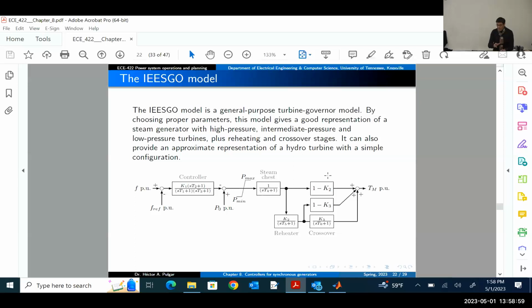It can fit very well the description of the steam turbine, tandem compound. But also, if you tweak the parameters, you can also describe a hydro turbine, with some approximation, of course. Hydro turbines are more complex, more nonlinear, and even though this model can give you some description, we will always have some errors. But this will fit very well that steam turbine we described with the tandem compound.